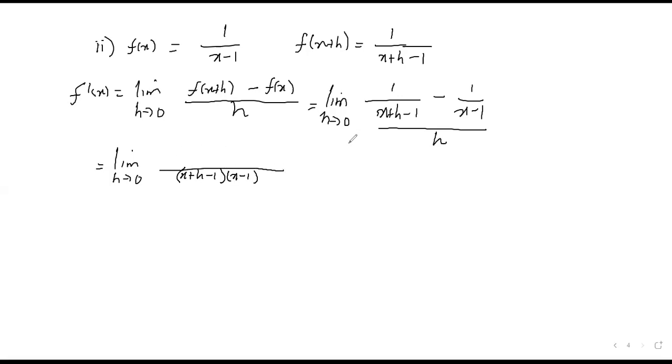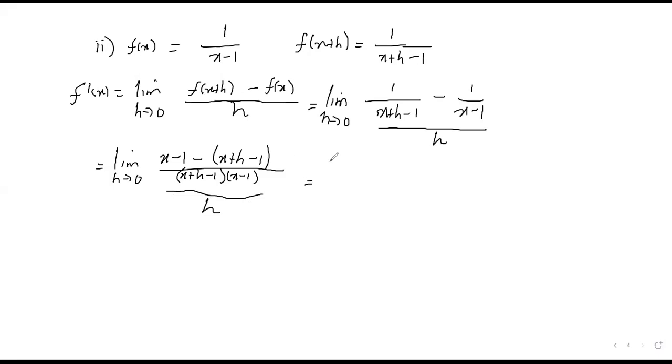And then when you divide the x plus h minus 1 into this one and then multiply by 1, we'll get x minus 1 minus x plus h minus 1. And then, of course, there is over h down.